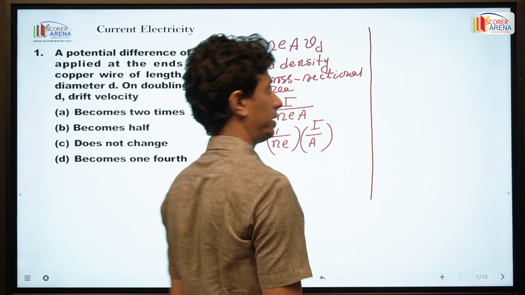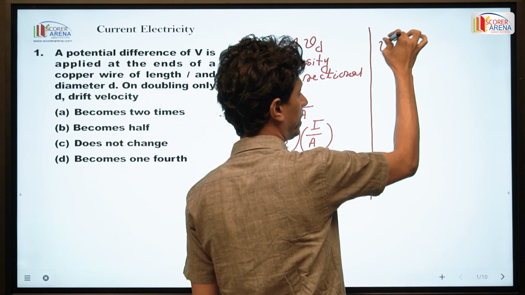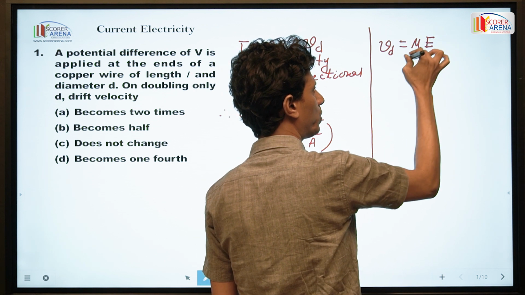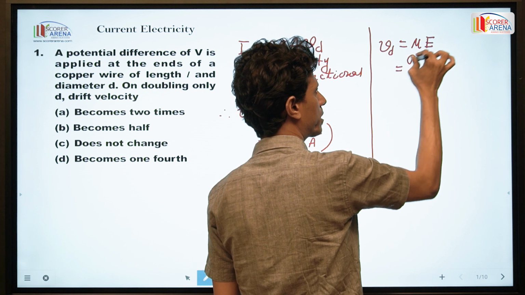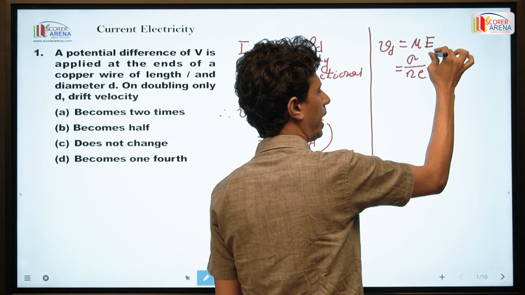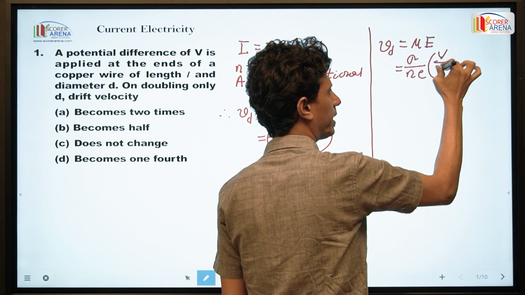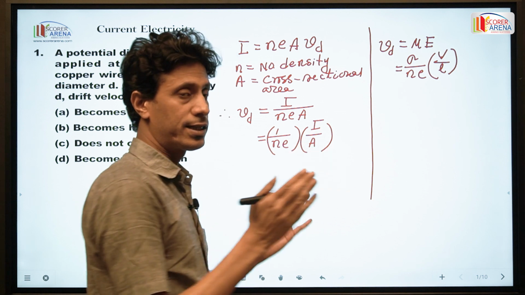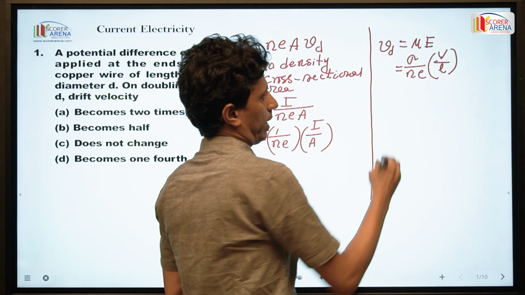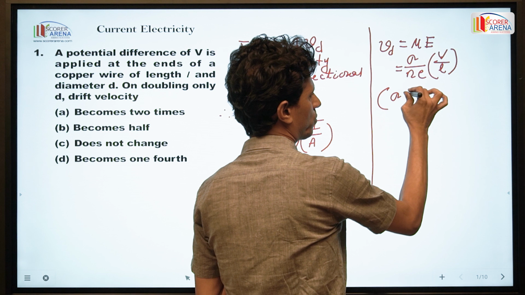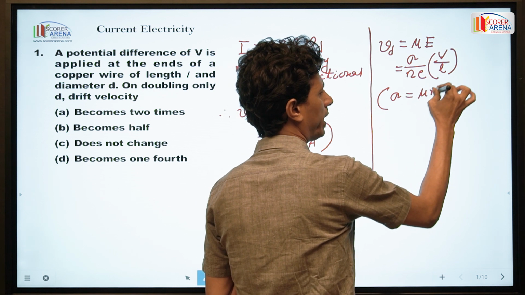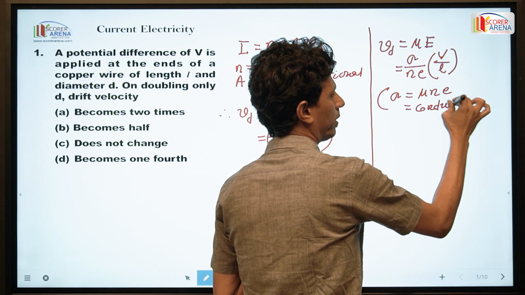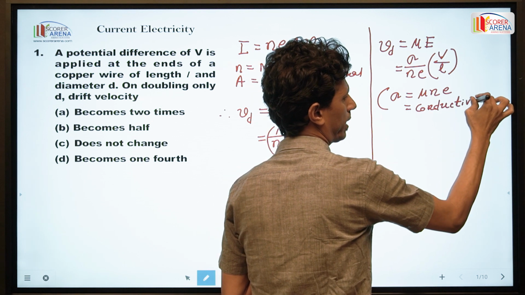Drift velocity also vd equals mu E, and this mu can be replaced by sigma by n e, and E is equal to V by L, where V is the potential difference across the resistor and L is the length of the resistor. As we know, sigma is equal to mu n e, it is actually the conductivity of the resistor.